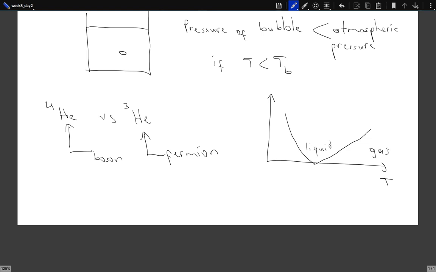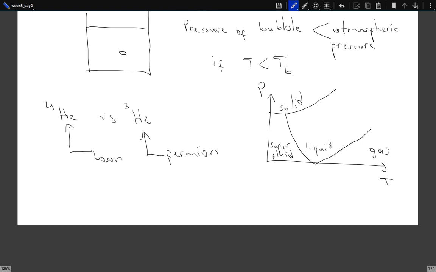Somewhere over here you have a superfluid. And then here, above some pressure, you have the solid. So if it can be a solid, I think it was something like 25 atmospheres, but you have to increase the pressure to a very large value. Now in the case of helium-3, the superfluid transition happens at even smaller temperatures.